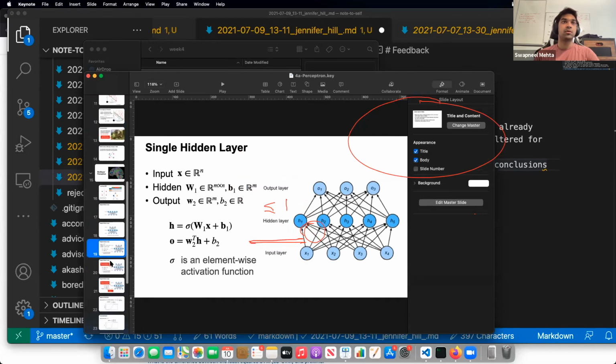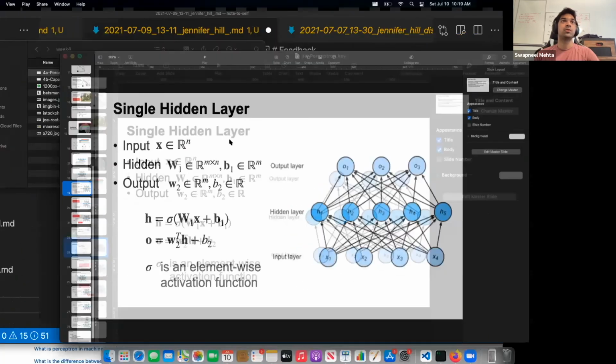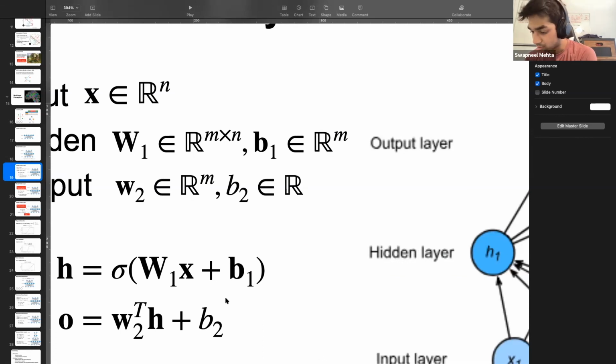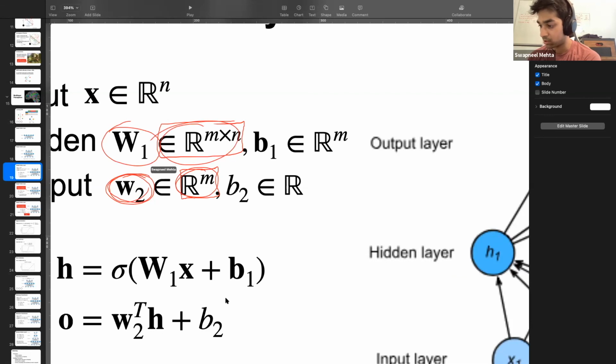I just want to go back to this because I didn't spend a lot of time on this, and so I should. This W is R^(m×n), and this W2 is R^m. So this is like the output layer. Only the output layer will be this, whereas all of the hidden layers will be a matrix. Because your X is R^n and your B is R^m.